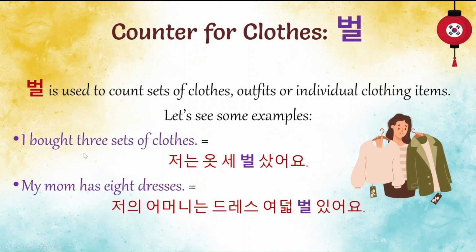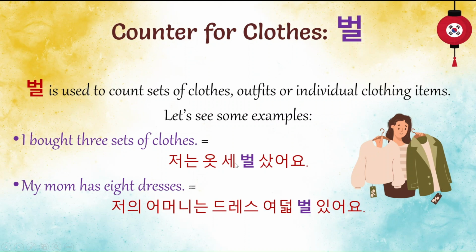Now, you have to say three sets of clothes. So, this phrase in Korean is going to be 옷 세 벌. 옷 means cloth. 셋 is the number 3 in Korean. And 벌 is the counter that we are using to indicate that here we are counting the set of clothes.